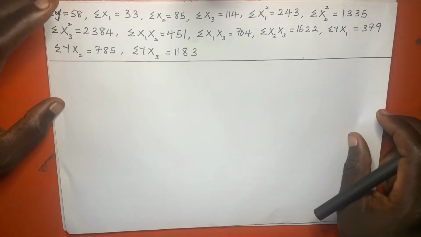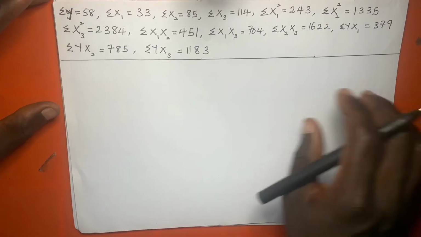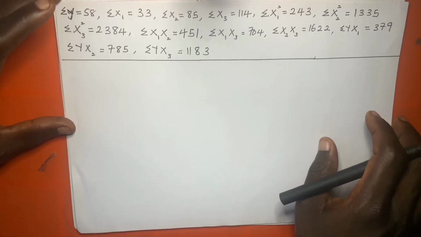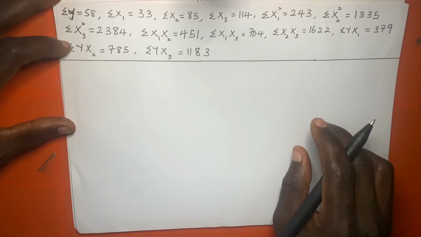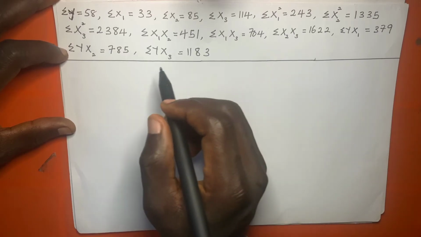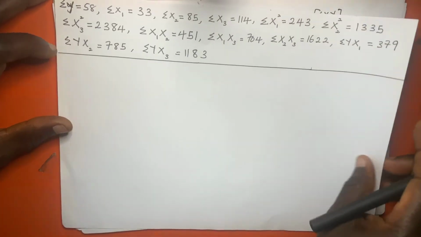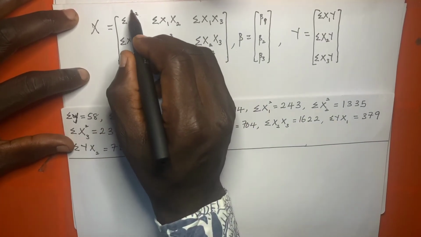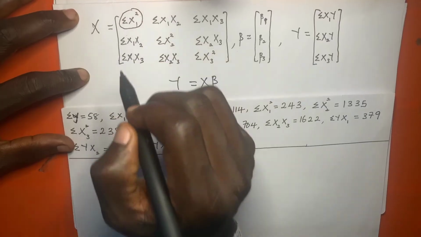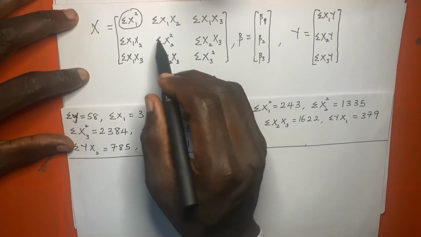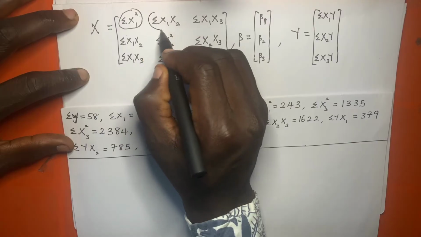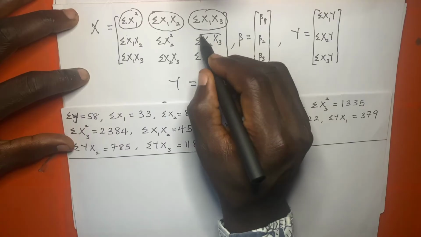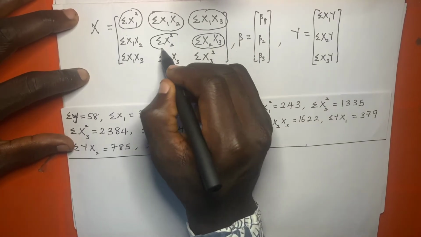So that's what I want to do in this case now. You see, I've written all the summation that we needed here. Our focus now is on what we need from these matrices, let me circle what we need. We need summation x1 square, x1 x2, x1 x3, x2 x3, x2 square.